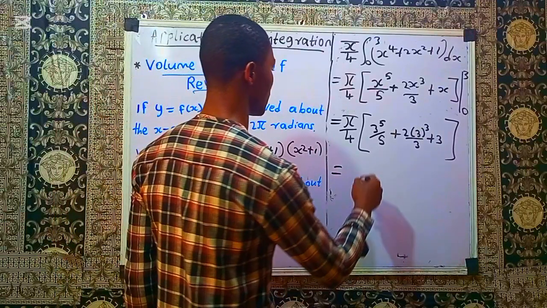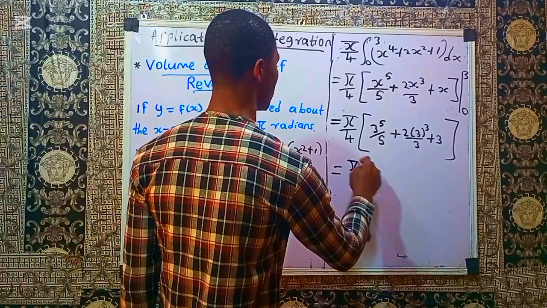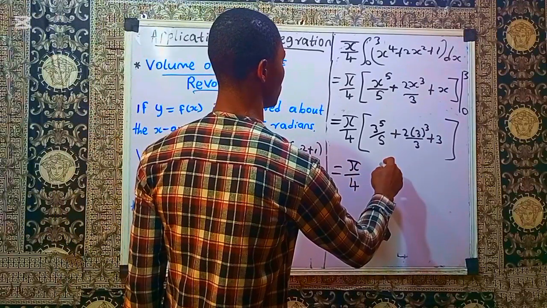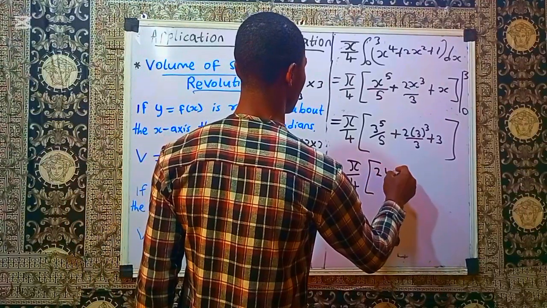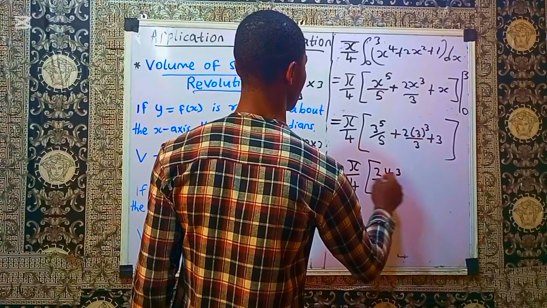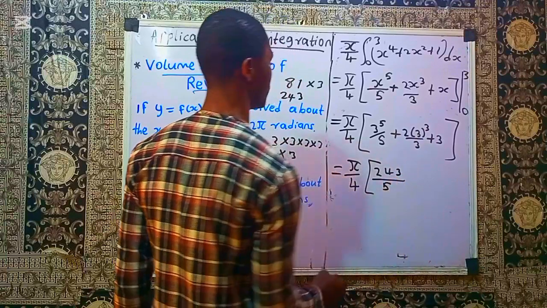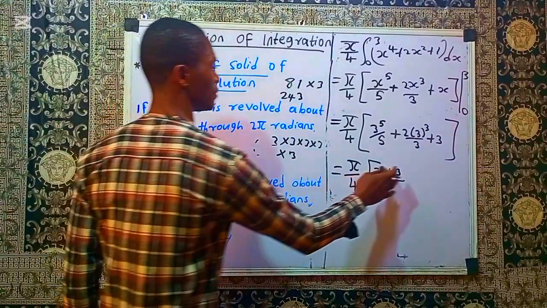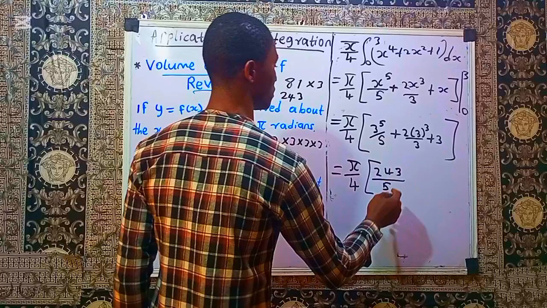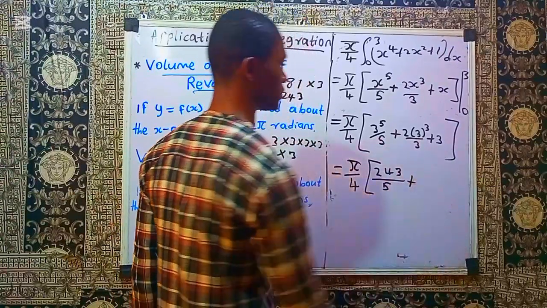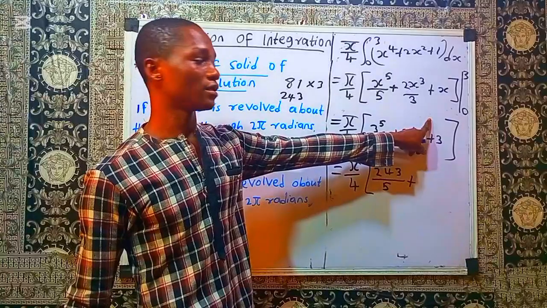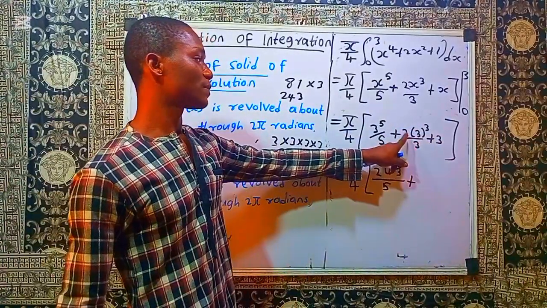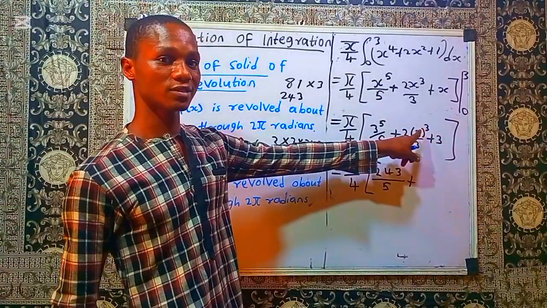So we are going to have pi divided by 4. 3 to the power 5 is giving us 243 divided by 5. Then plus, we have 3 to the power 3, which is 27.